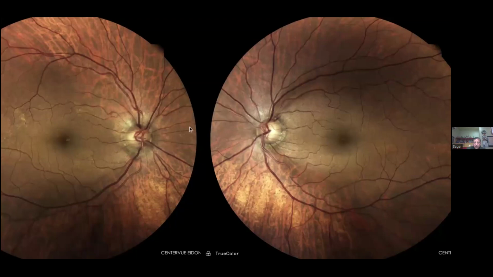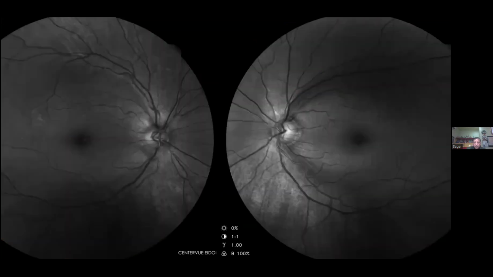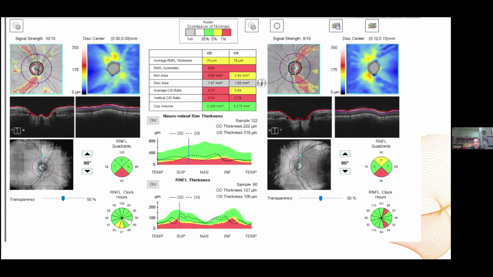There is a disc hemorrhage here and here, and there's an NFL defect here, and in the left eye very prominent NFL defects. Nice images here on red-free imaging, NFL defects. In the right eye, even superiorly, there's an NFL defect. Inferiorly, it's sort of shadowed out, not very clearly visible. And this is his RNFL mapping, thinning in both eyes.